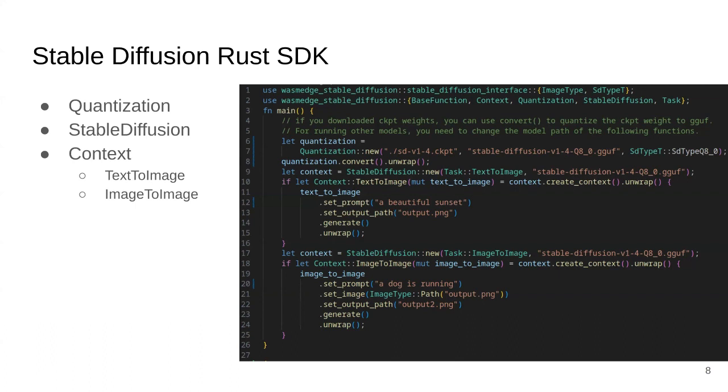In our demo code, we create a text-to-image context based on our prompt to generate an image stored in output.png. And finally, based on the output image, we use image-to-image to generate another image that is stored in output2.png. The first image should be a beautiful sunset because we set that prompt.